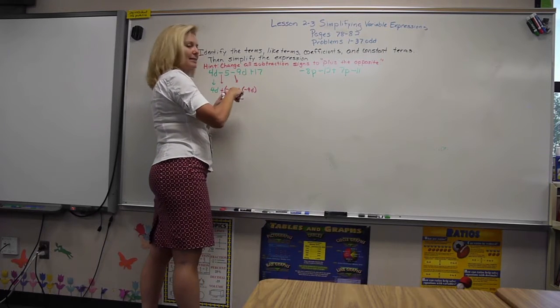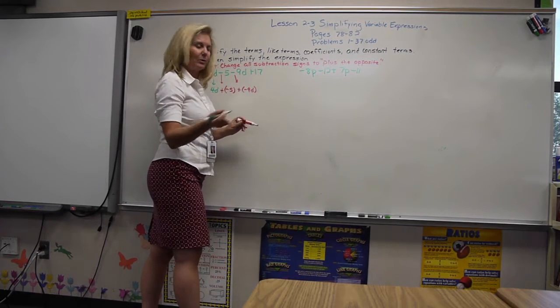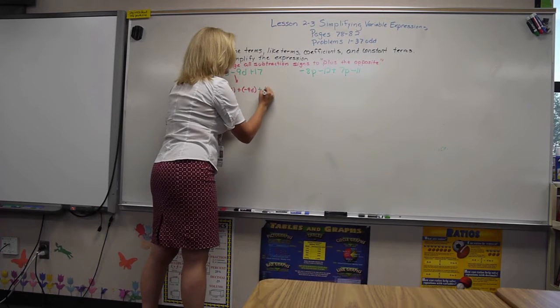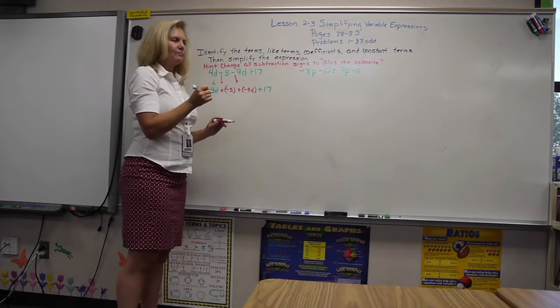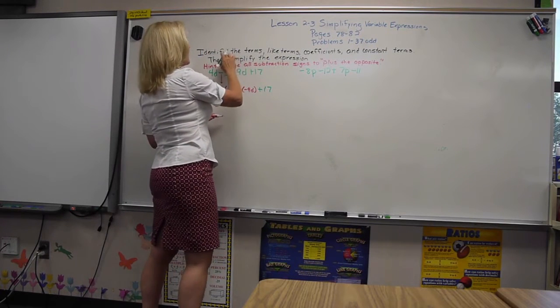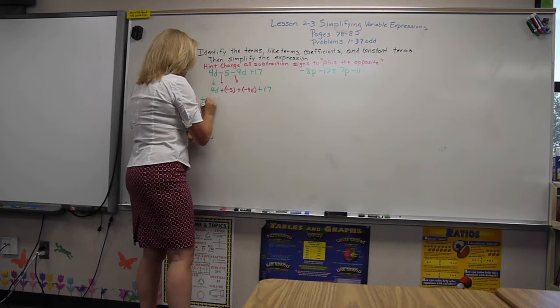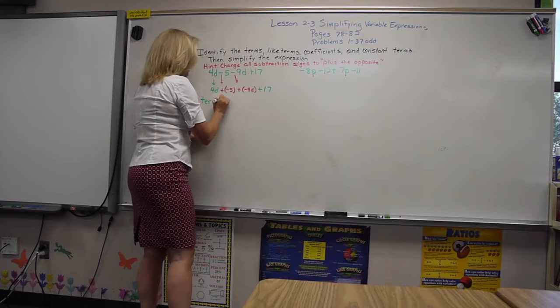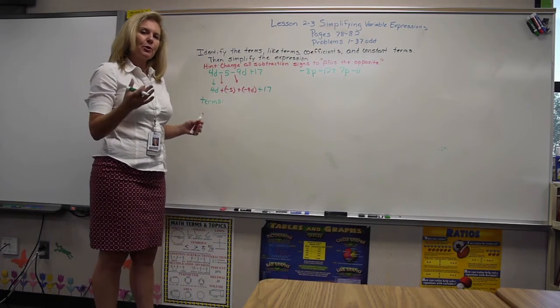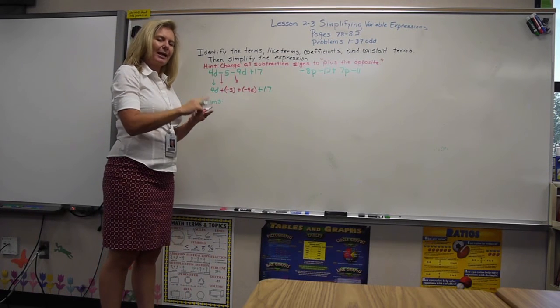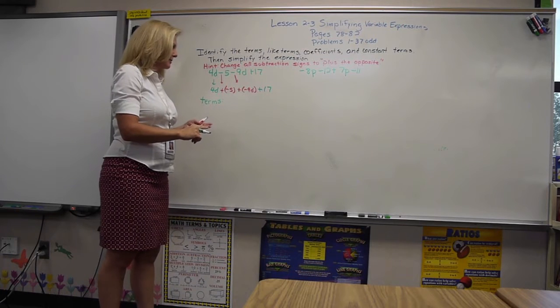Now this is a plus. I don't do anything with plus. I'm going to leave that as plus 17. So now they said identify the terms. So on my homework, I'm going to write terms. And remember, terms are those things that are separated by addition and subtraction signs.